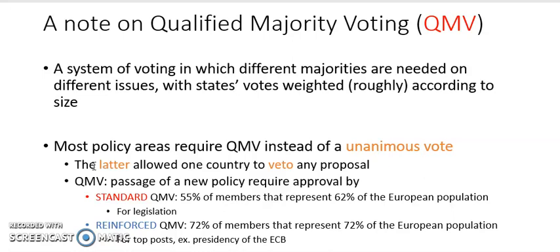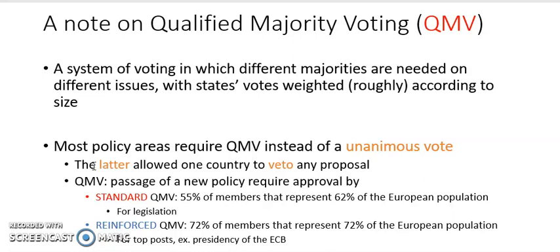Now, with the use of qualified majority voting, you can pass a new policy in two ways. There are two types of QMV. So you have the standard one, which is used for passing just regular legislation.